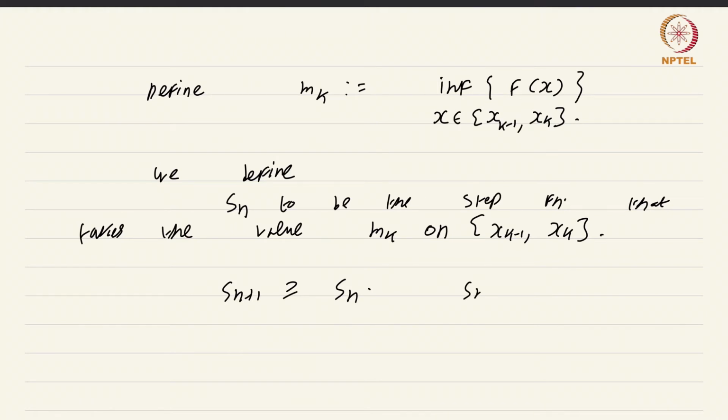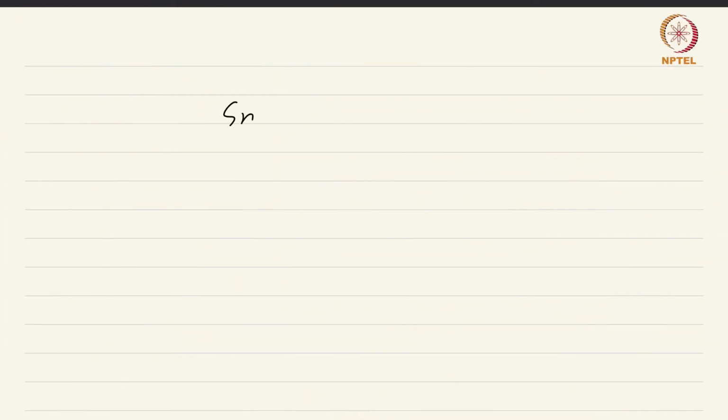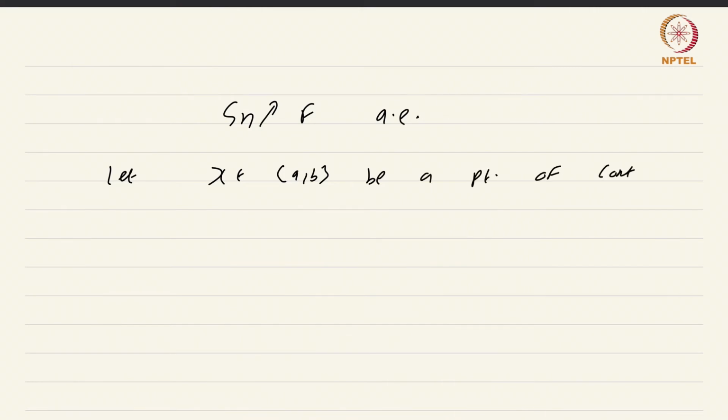Okay, so Sn is an increasing sequence of step functions. Now what we are going to show is Sn increases to f almost everywhere, and the way we do it is to use continuity. So let x in AB be a point of continuity of f.